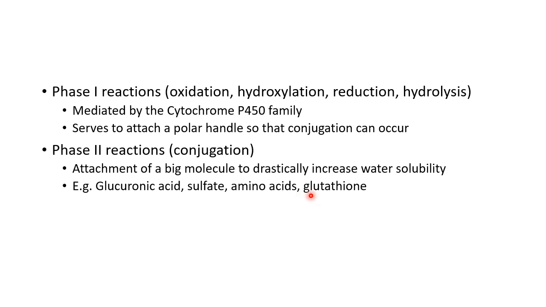So, of course, the norm is that the xenobiotic undergoes phase 1 first, and then after phase 1, it goes to phase 2. You might also be aware that the enzymes of phase 1 reaction are inducible. That means there are certain conditions or certain substances that will increase the levels of the cytochrome P450 family.